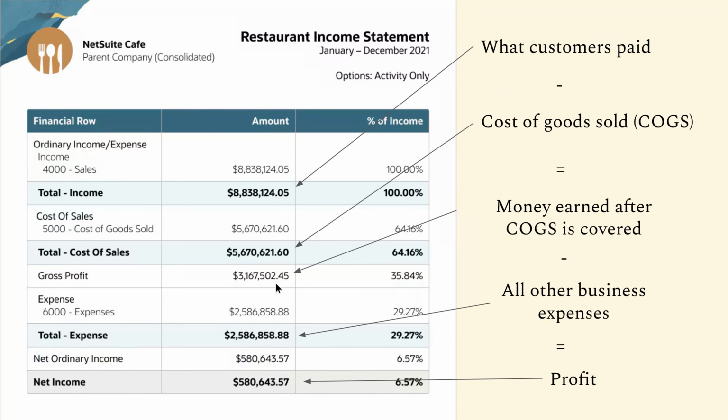From there, that would be a nice place to stop, but we can't because we have all of our other business expenses coming out of that money too. So once we subtract our other business expenses from the money earned after our cost of goods sold is covered, that is when we finally see a profit. So you can see here that they had a 6.57% profit for the year, which is fairly good.